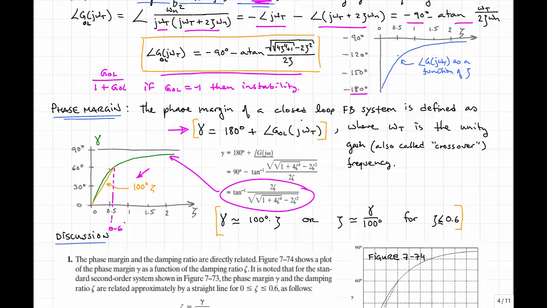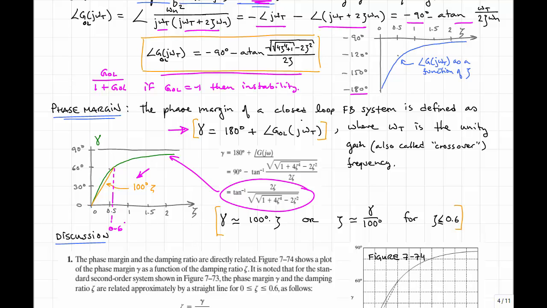And that's probably in the region that we'd be most interested in assessing this, because after all, as zeta gets bigger than 0.6, the system is not going to be close to being unstable, and it's not going to be nearly as oscillatory.